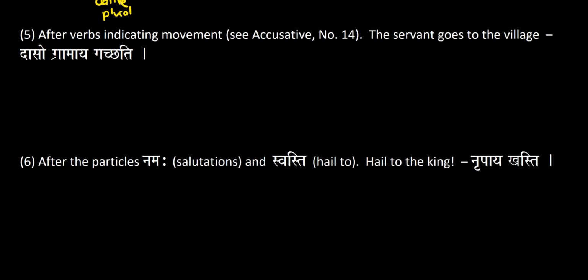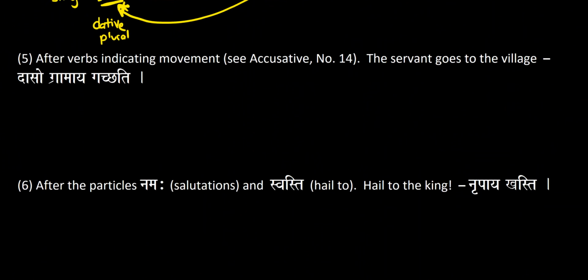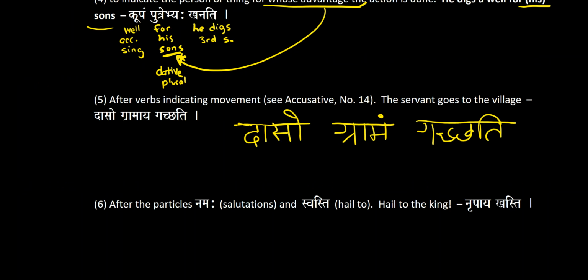Number 5, the dative case is used after verbs indicating movement. Also see the accusative, because that indicates movement as well at times. Here we have, the servant goes to the village. There are 2 ways you can say this. You could use the accusative case, or you could use the dative case.